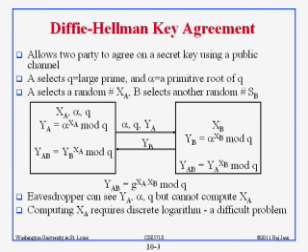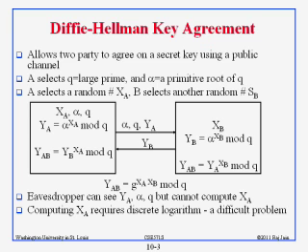It sends that out in public for everybody to know: alpha, Q, and YA go to B. B selects another random number XB, raises alpha to XB, does mod Q, and sends YB in public to A.